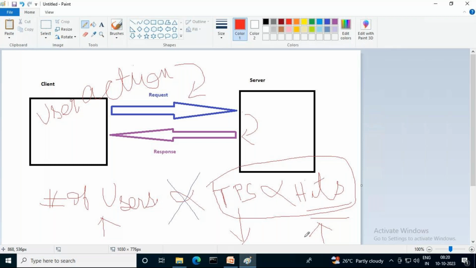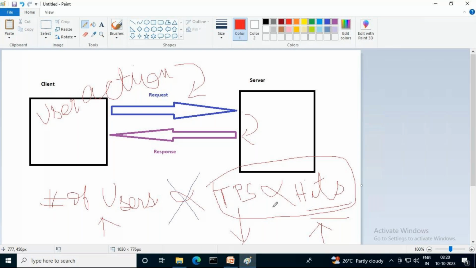Yes, you all are right that when TPS is decreasing with an increase in the number of hits per second, it is bad for the application, meaning its performance is not good. Why? Because, as you all rightly mentioned, the server is not able to handle the hits coming to it. As a result, the TPS is decreasing.